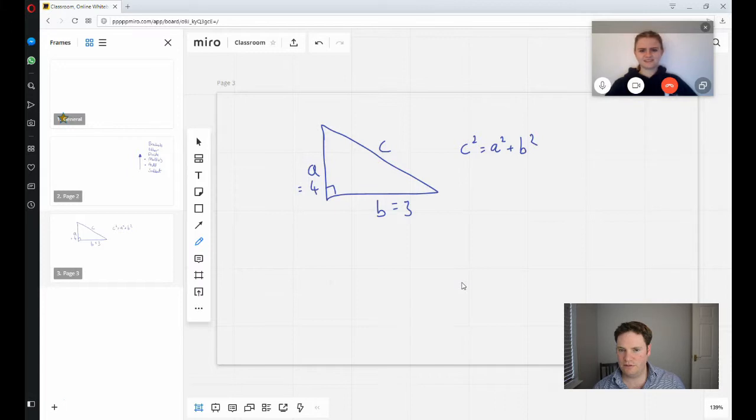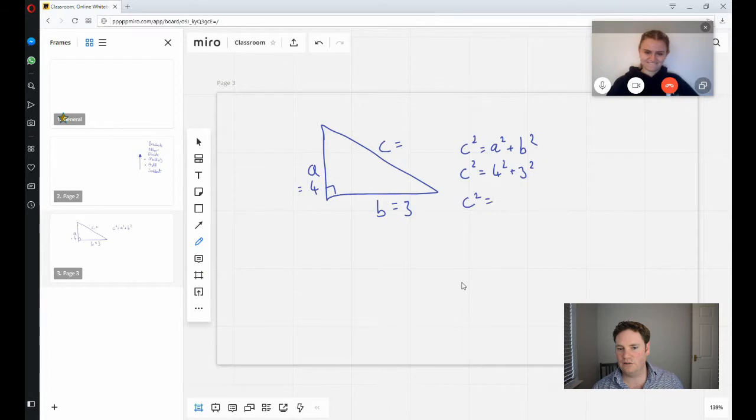Yep. So far so good. So are we saying C is 25? Oh wait, no, it'd be 25 squared, right? So you're 95% of the way there. I'm going to work it through. So basically we've got C squared equals 4 squared plus 3 squared.